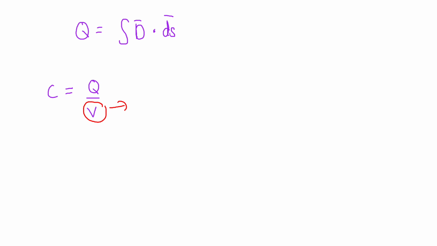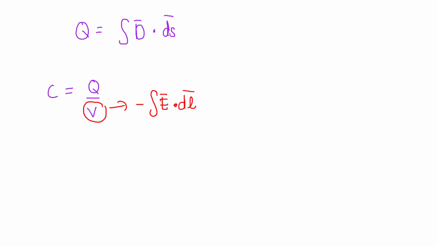In the previous slide, we got Q equal to the integration of D dot dS. And we know that C equal to Q over V, and this V is equal to negative integration of E dot dl.